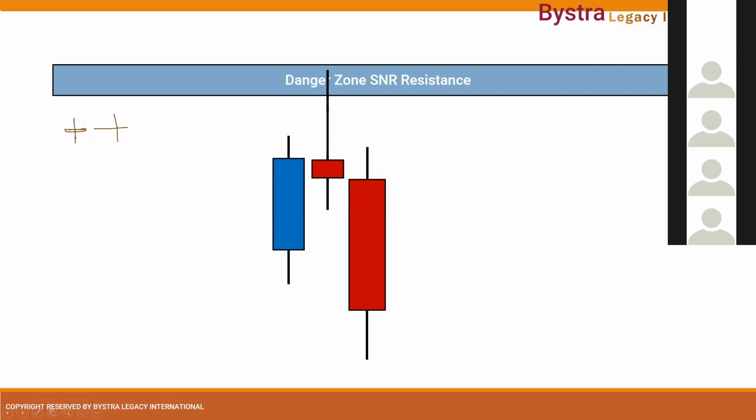The rest, are you clear so far? Because once we check your assignments, some of them make a common mistake, which is that there's no rejection from the danger zone SNR resistor. Right now is the best time to ask if anything is not clear from your perspective, so that we can rectify it now without your confusion.